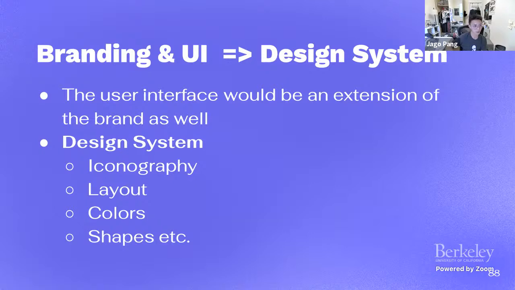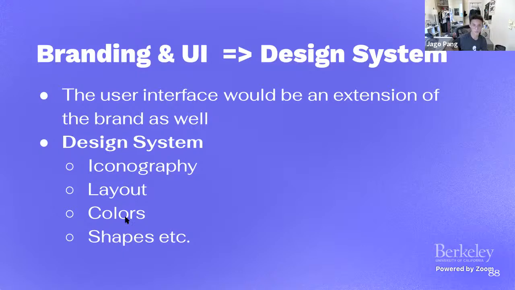If you're really into UX, there's something called design systems, which is an application of your branding with an app-first mentality. A design system includes things from a brand like icons, layout, colors and shapes.